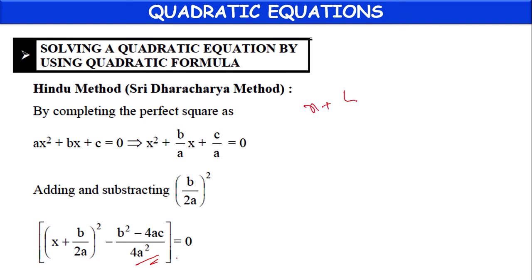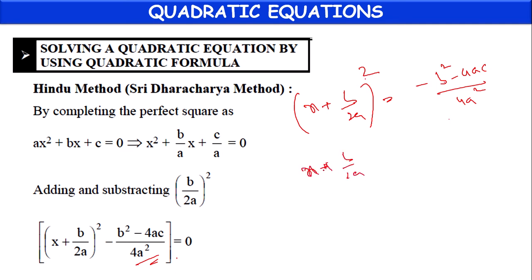So next we have x plus b by 2a whole square equal to minus b square minus 4ac by 4a square. We are having this value. So what we can do, x plus b by 2a whole square equal to, let's keep minus separate.